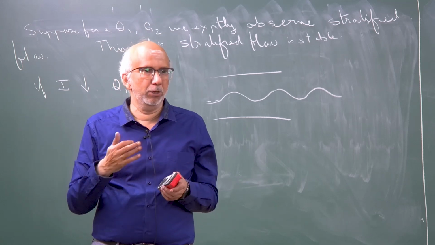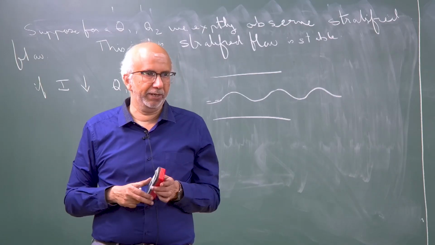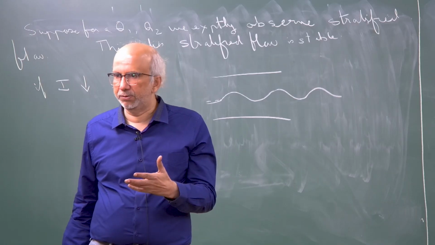I am trying to explain to you what I mean by instability. When I decrease the flow rate, how does the instability manifest itself?